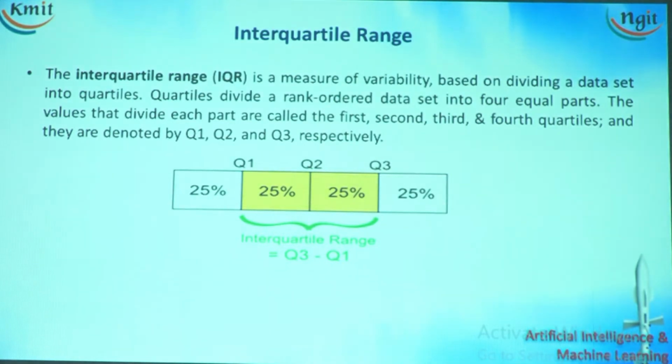Clear with this, everybody? The difference between 25% and 75% of your data is the IQR in terms of percentiles. In terms of quartiles, it is the difference between the first and the third quartile. So that gives you a good reading on the variance of your data. This is about the IQR's proper definition.